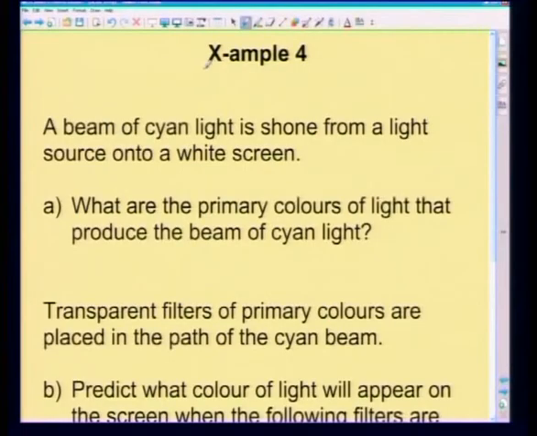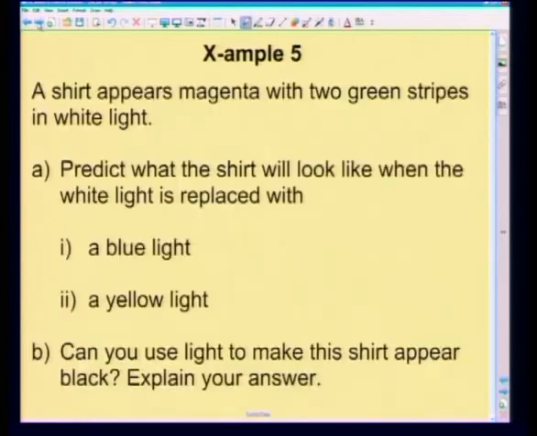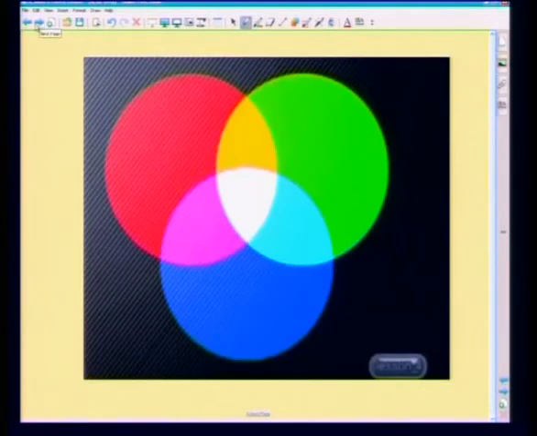Right, let's look at example 4. A beam of cyan light is shown from a light source onto a white screen. The first question is, what are the primary colors of light that produce a beam of cyan? Now, for a beam of cyan, we can refer to our color wheel.